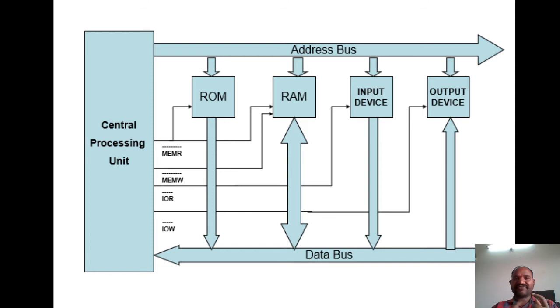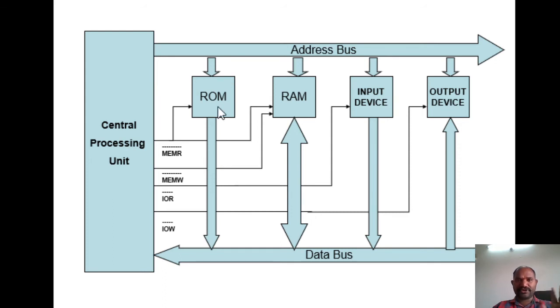I have the complete flowchart for that, don't worry about it. In a simple case, the central processing unit wants to read data, meaning execute some program which is in the ROM device.